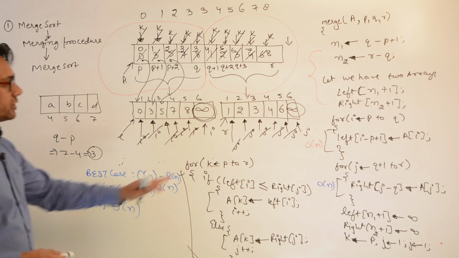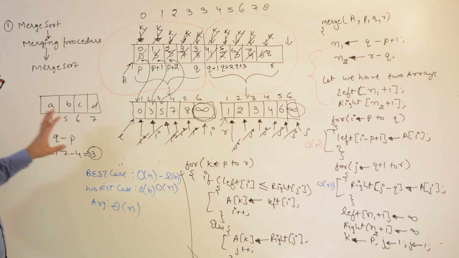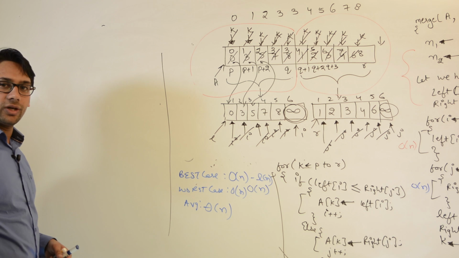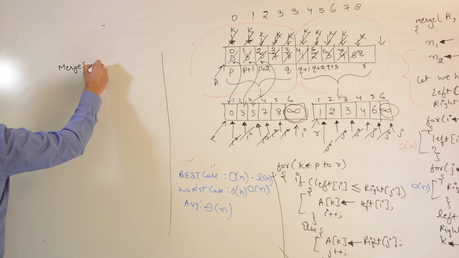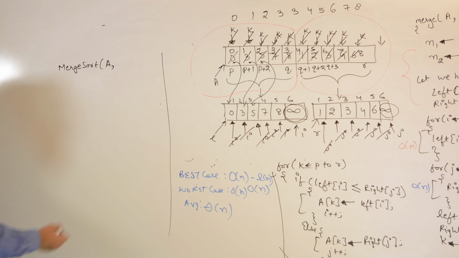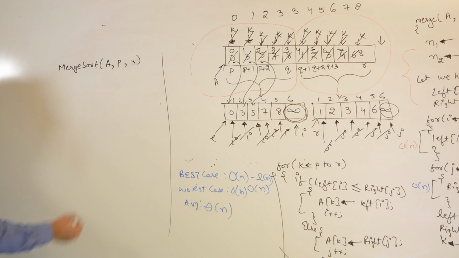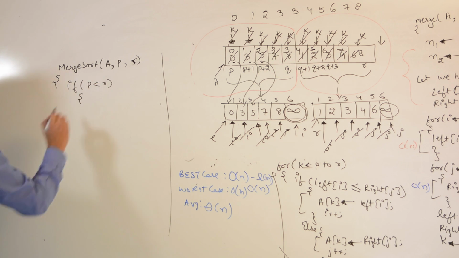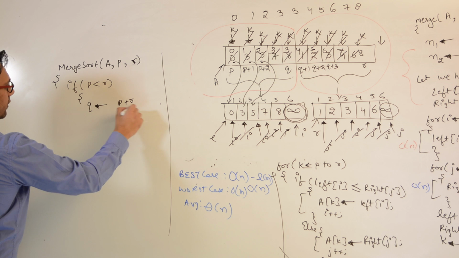Now using this merging procedure, let us write the merge sort algorithm. I'm going to use this space here so that we can have this algorithm in front, and we can also have the merge procedure in the same way. So what is this merge sort procedure? We have merge sort, which takes an array A as input. The first index location is P and the last index location is R. Then, if P is less than R, we make Q equal to the floor value of (P plus R) by 2.